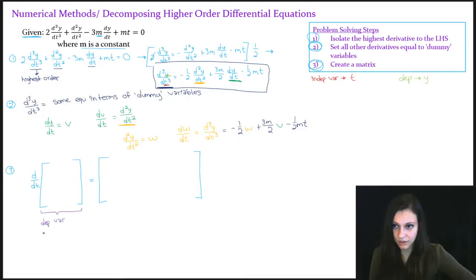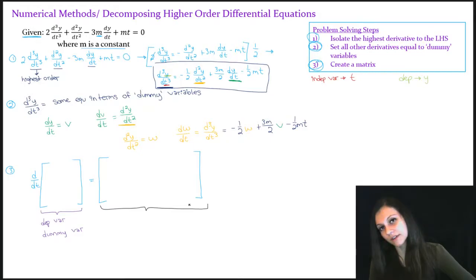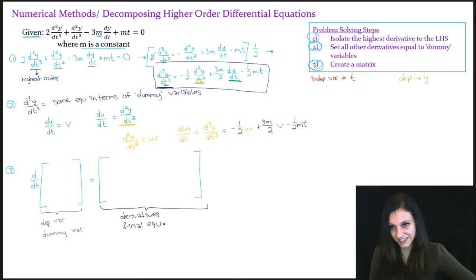And then the right-hand side matrix has the derivatives and the final equation in terms of the dummy variables.